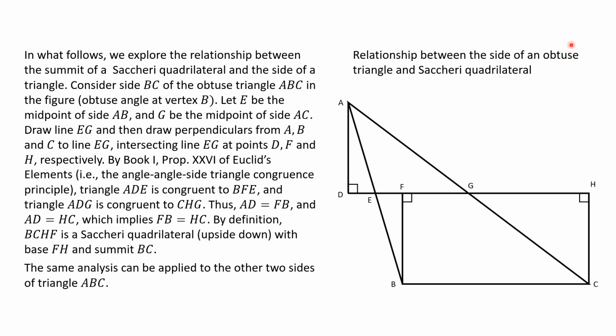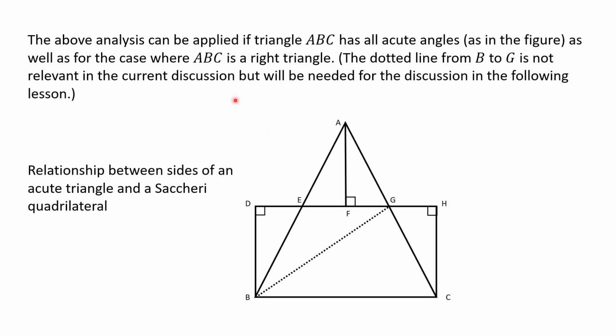So again, this was done when we had an obtuse angle in our triangle. I'll give you a different example on the next slide. Let's do a similar analysis to what we've done in the previous slide for a triangle ABC that has all acute angles, as shown in the figure.